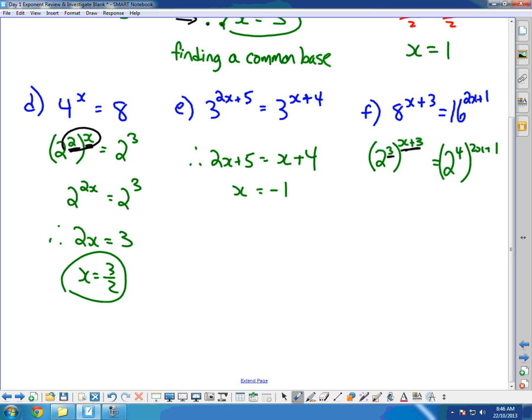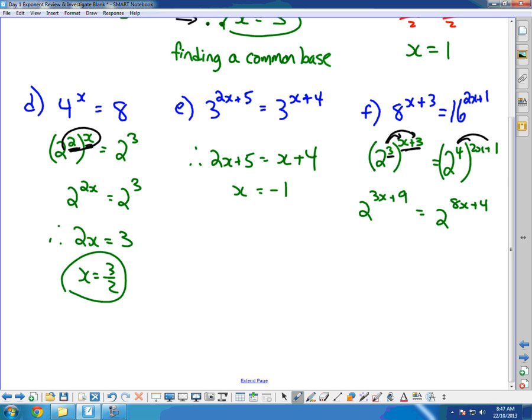The only catch is there's a little mini rainbow happening here, right? It's 3 times this whole thing, so we've got to do a little mini rainbow. So that becomes 2 to the power of 3x plus 9. Same little mini rainbow over here, equals 2 to the power of 8x plus 4.